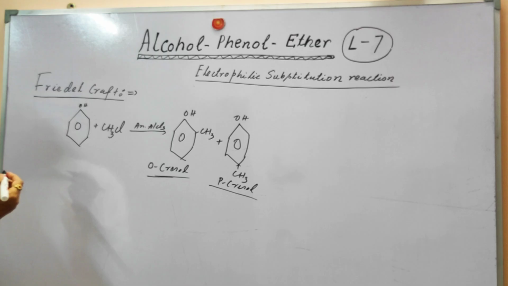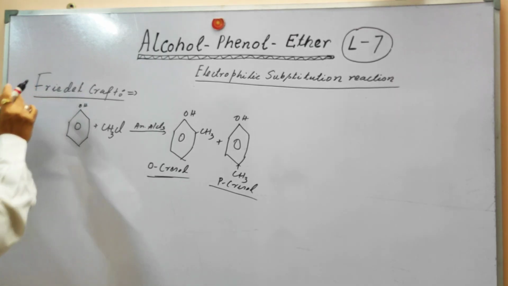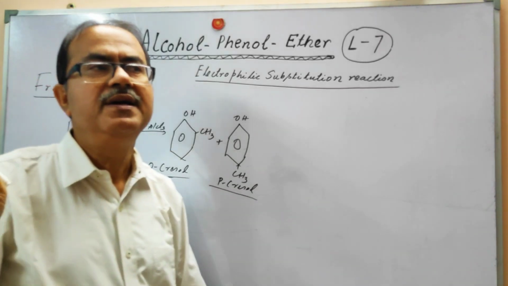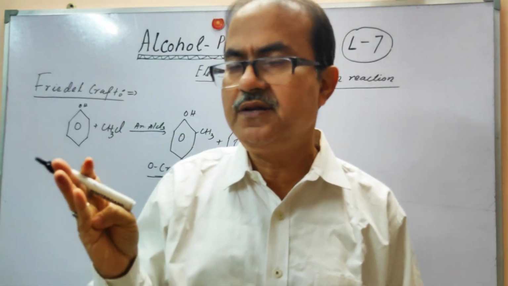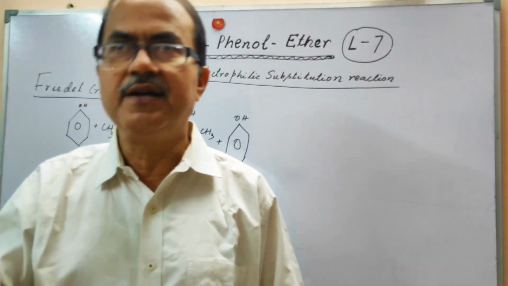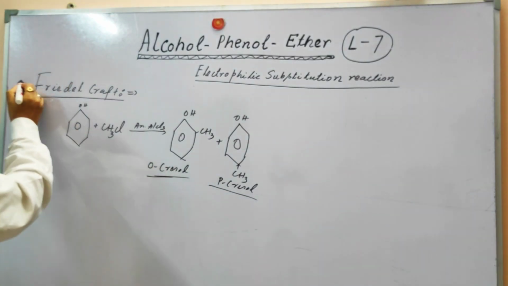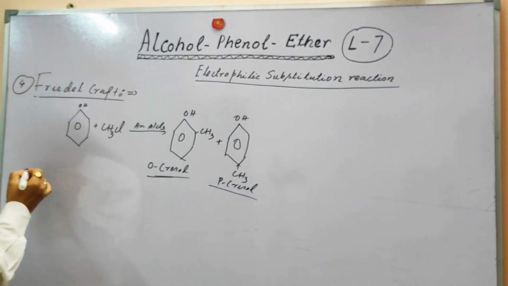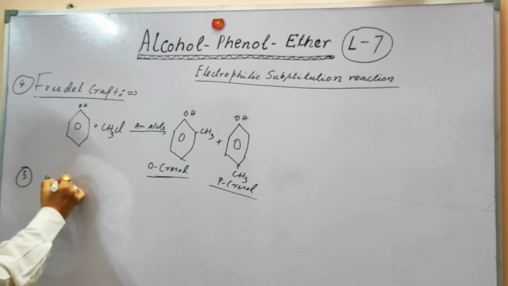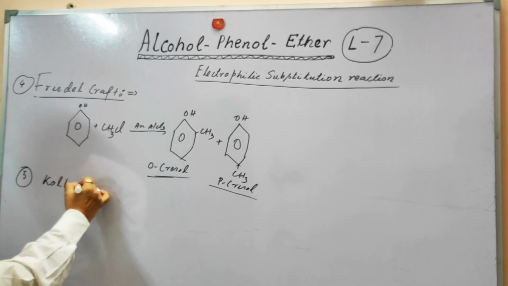Now the next reaction is a name reaction. So far we have discussed first the halogenation reaction, second sulfonation, third nitration, and fourth the Friedel-Crafts reaction. Fifth is the name reaction, the Kolbe reaction.